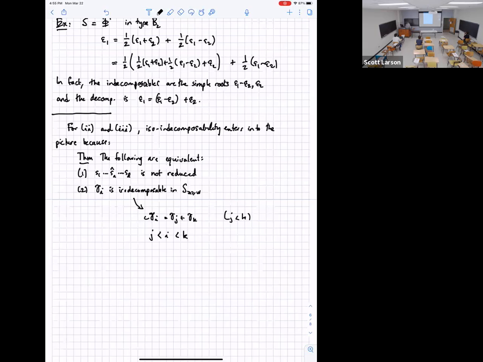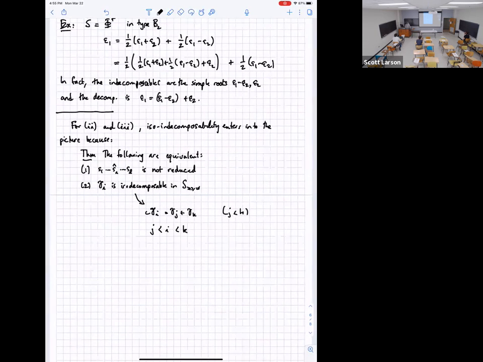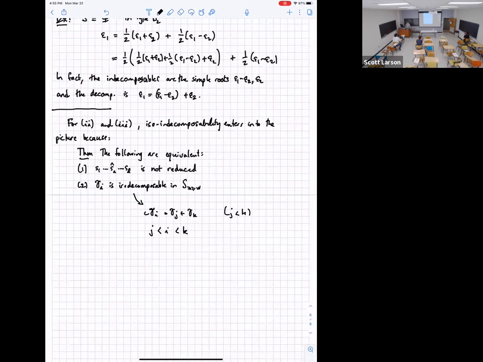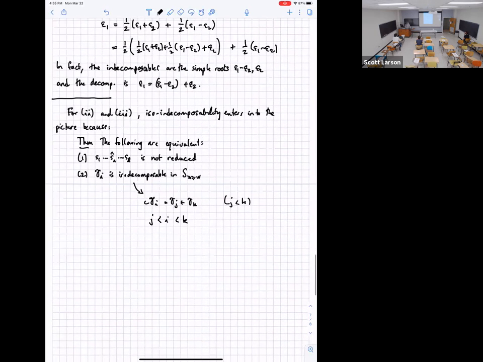So, if it's isodecomposable, you have to have a situation where it's the sum of two roots which are sandwiched in between these two elements here, and so the point is that the reason, and in this case, moreover, it's not so difficult to say that. First of all, maybe I'll tell you how you can obtain J and K very concretely.